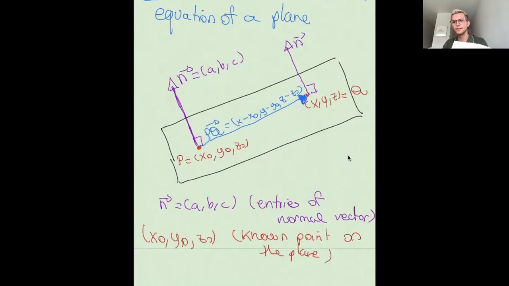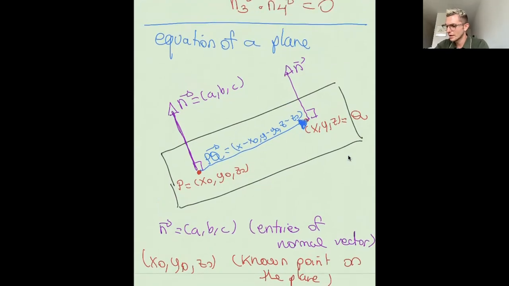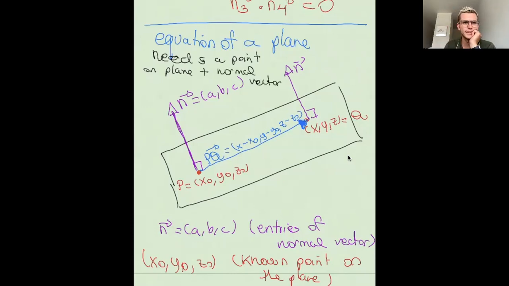So a plane needs a point on the plane plus a normal vector. Is that making sense? Once you give me a normal vector and a point, you know immediately what the plane has to be. Is that okay?